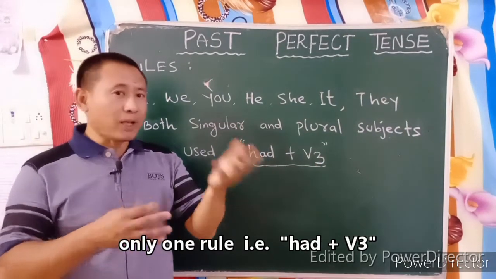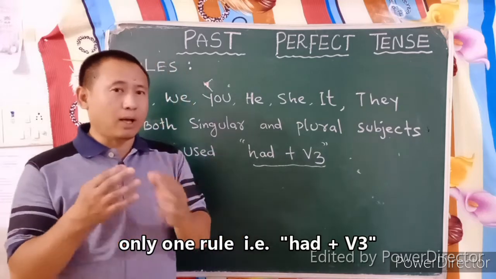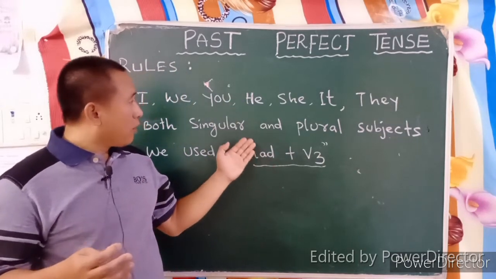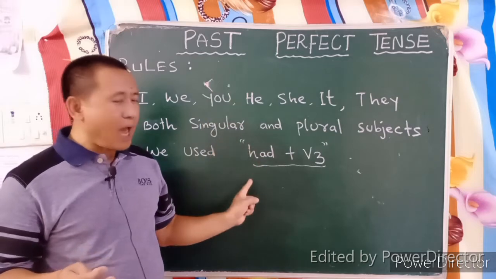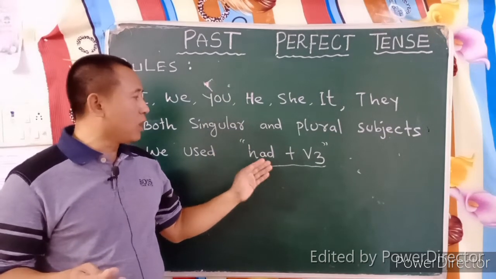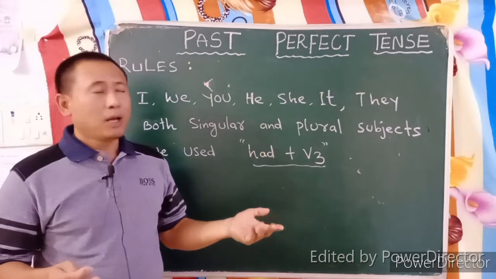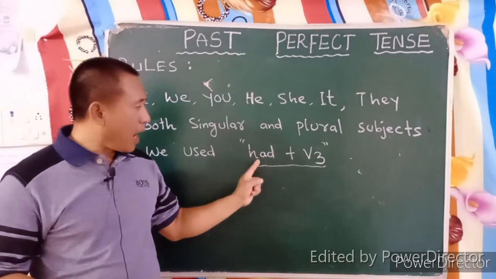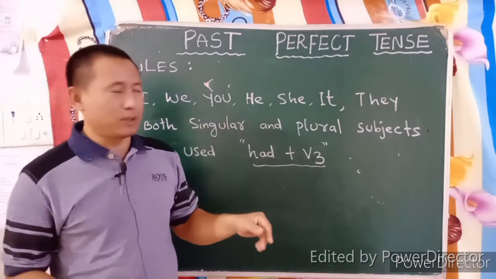In present perfect tense, in my previous class, we use have for some subjects and has for some subjects. But in past perfect tense we have only one rule, that is had plus V3 for all the subjects.